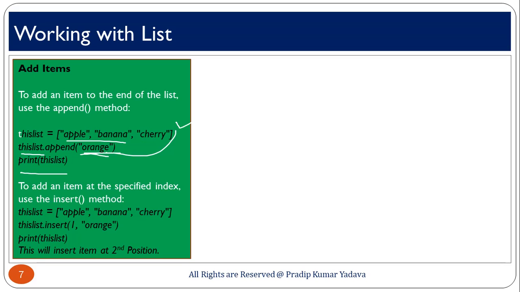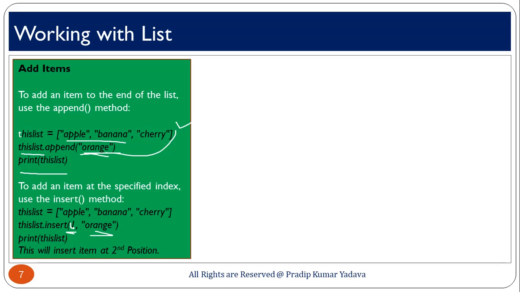This is the first method, and the second method is the insert method. In this case, wherever you want to add that item, you can add it, meaning I am talking about the index. Suppose you want to add after apple, meaning apple has index 0, and you want to add at index 1, then you have to pass the index value and the item value.